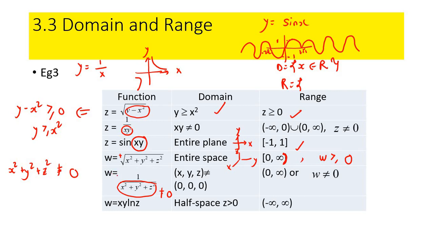So that's why w equal to 1 over x squared plus y squared plus z squared, similarly, w never equals 0, and follows the pattern of y equal to 1 over x. But in this case, y is the range; in this case, w is the range.